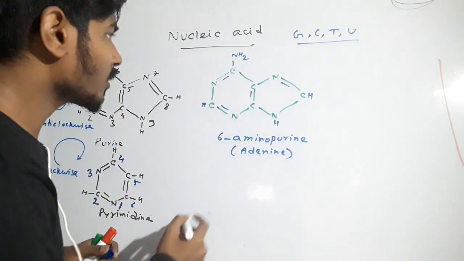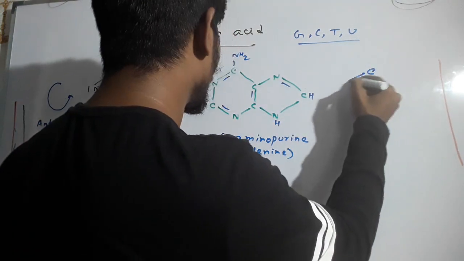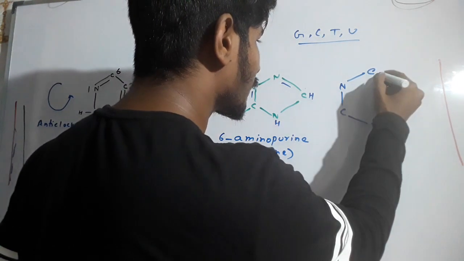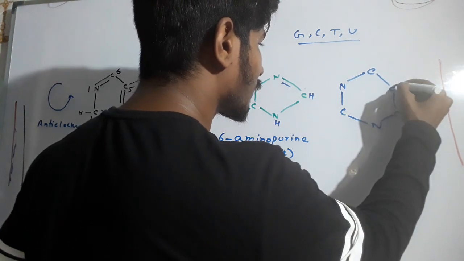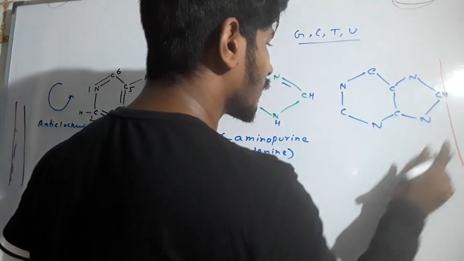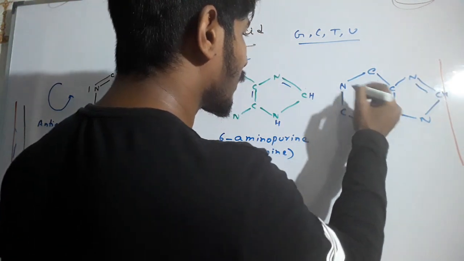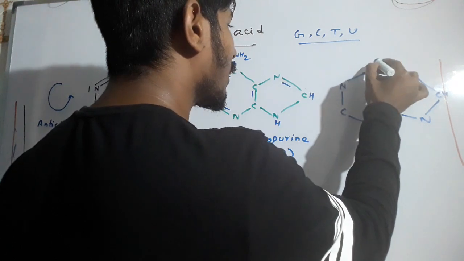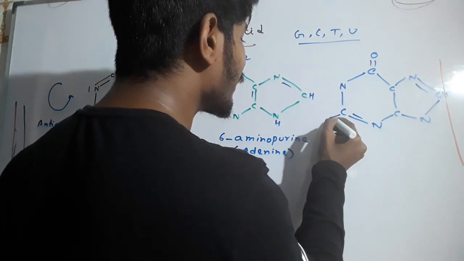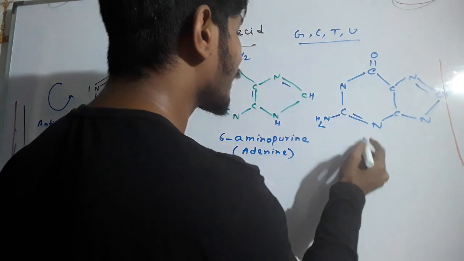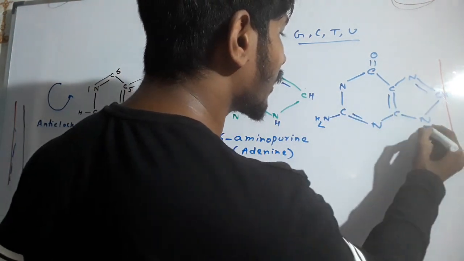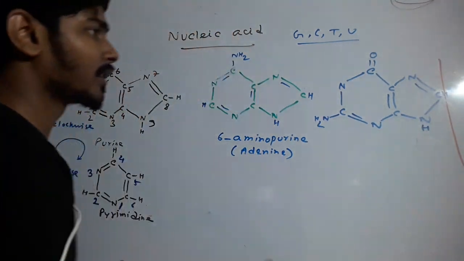now if you want to draw the structure of guanine, okay, you will have a double bond O in the 6th position, okay, and the amino group in the 2nd position, okay, and this is the double bond, this is the NH, and it's complete, okay.